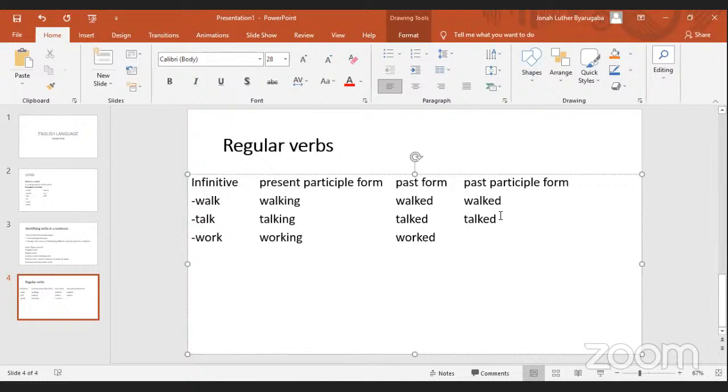Past participle: worked. That is a regular verb. Very good. Any other?